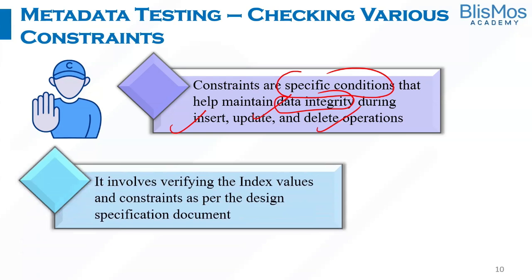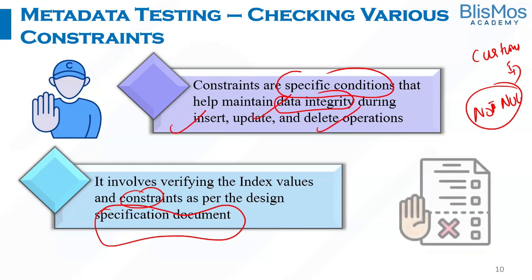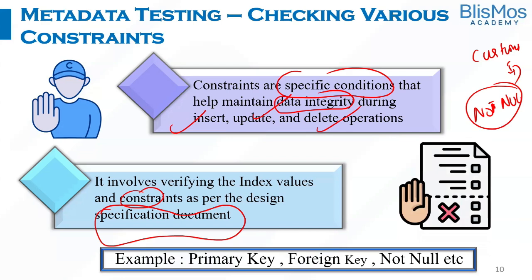As a part of the constraint check, we will verify the index values and also constraints as per the specification document. Let us say customer ID. For customer ID, we can say not null. That is a not null constraint. We'll see whether it is properly updated or not. Some of the other examples of the constraints are primary key constraint, foreign key constraint, and not null constraint.